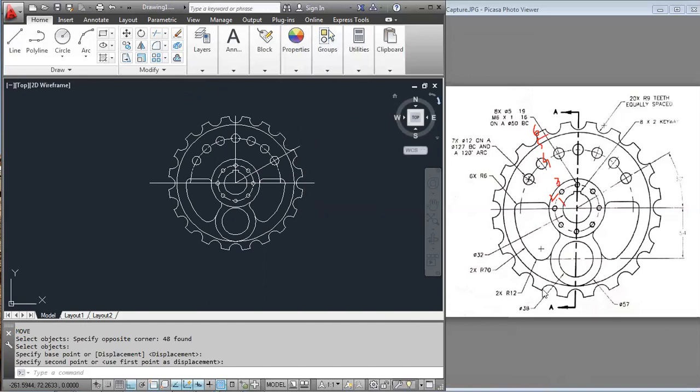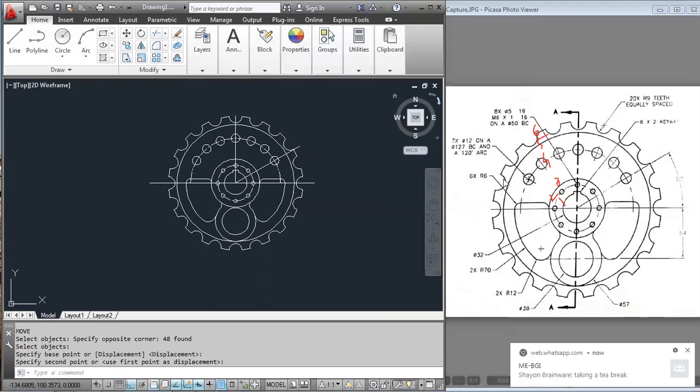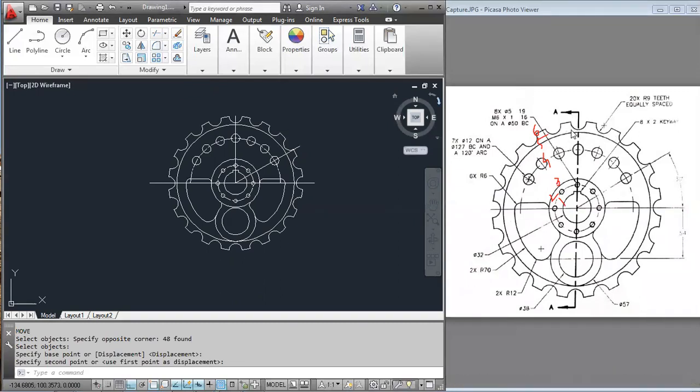As here many dimensions were missing, so I just had to assume them because I did not have any other choices, right? For example, the dimension for the highest most circle was missing, so I had to assume it.